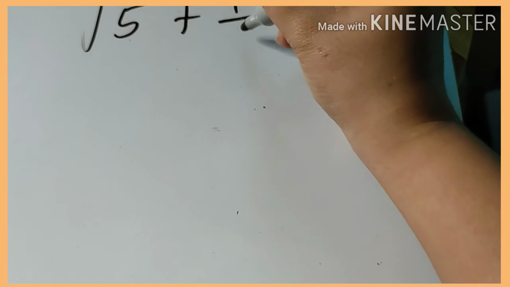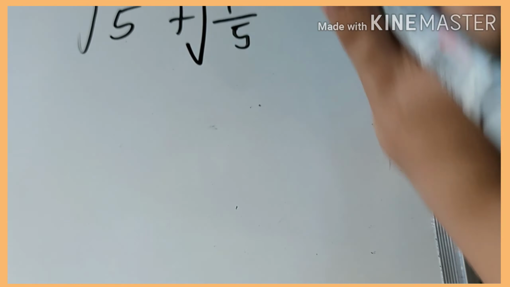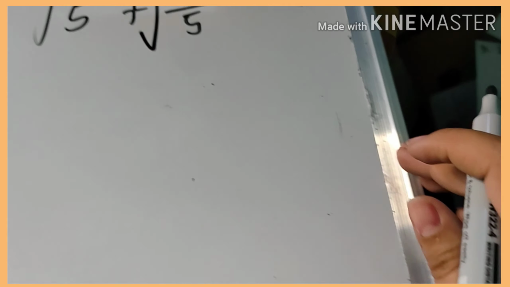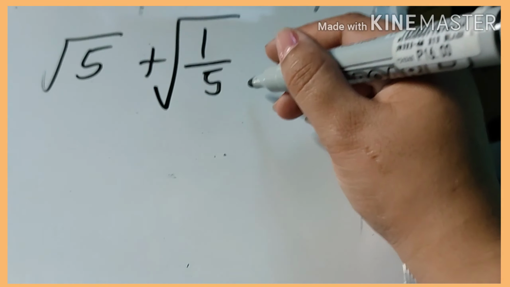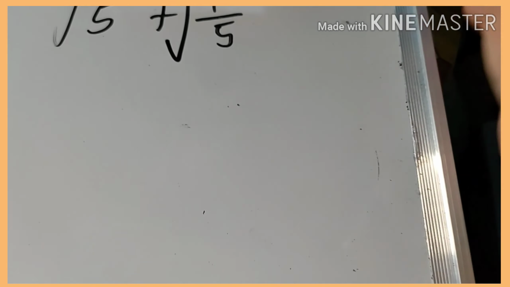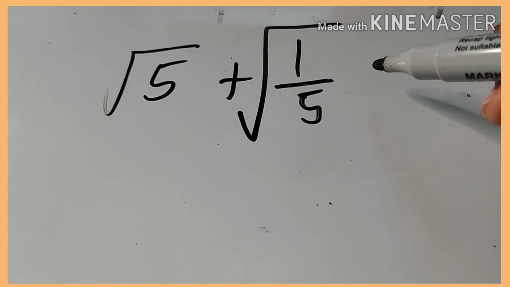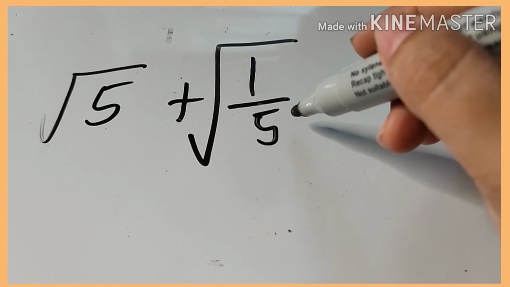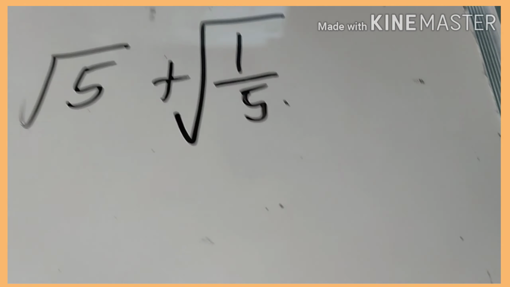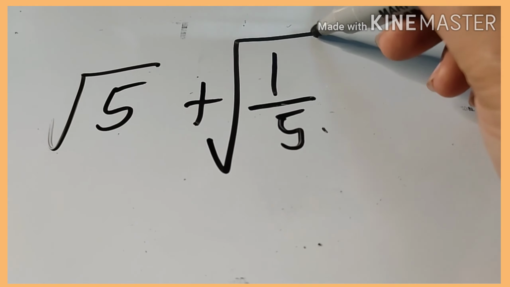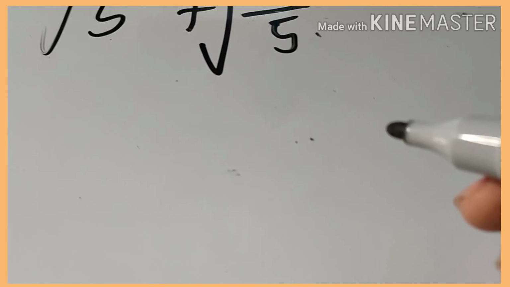So now this is a fraction. If you're going to simplify, the simplified form of radicals cannot be a fraction. Even though this is in lowest terms, it is still not simplified because of the radical sign in the denominator. So what we're going to do is to eliminate this one.